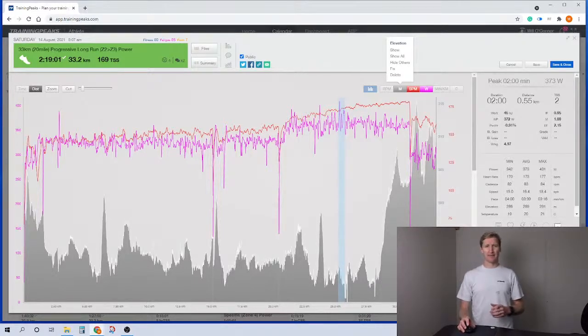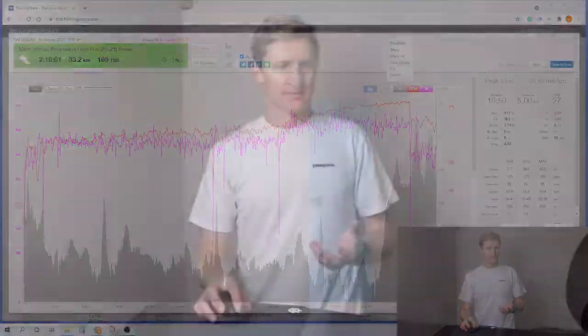And then I could also look at pace to see where I might have lost some pace, or how fast I went there.